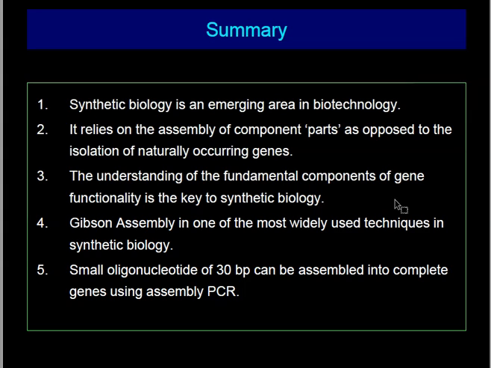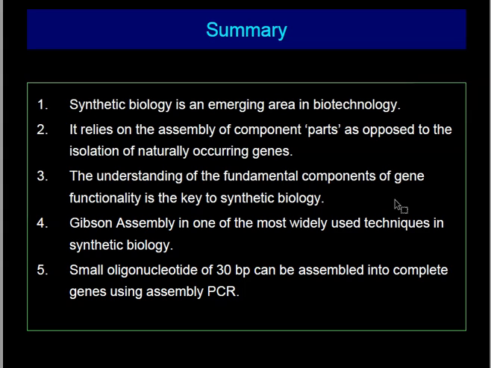And just as in engineering you have parts, for instance in electronics you have the transistors, resistors, the capacitors. In the case of automobiles you have your automobile engines, the gearbox, the tires, and so on and so forth. In synthetic biology we basically have the parts, and these parts are the regulatory elements such as the promoters, the genes of interest themselves, and the other elements such as the riboswitches and the terminators.